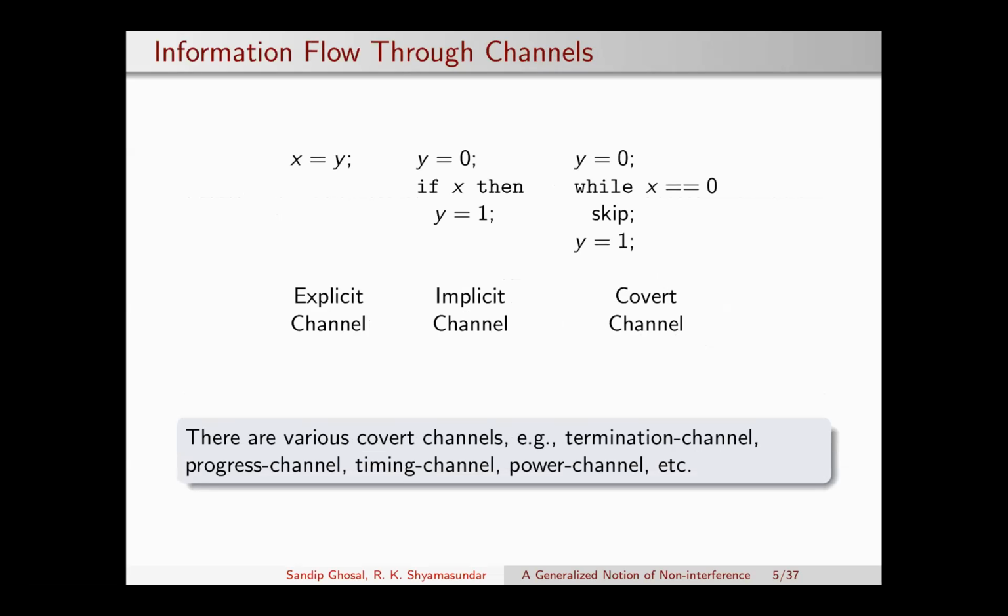A conditional branch statement can leak information implicitly from the condition to the target variable of one of the branches. There are several covert channels, for example, termination channel, progress channel, timing channel, power channel. An example of termination channel is shown in this example, where the information leak depends on the termination or non-termination of the program.